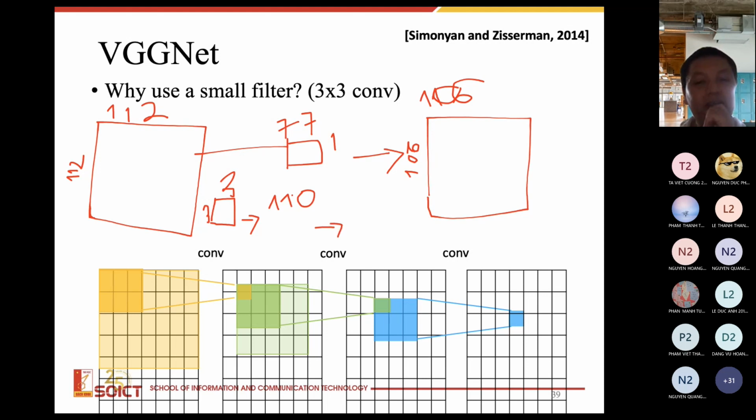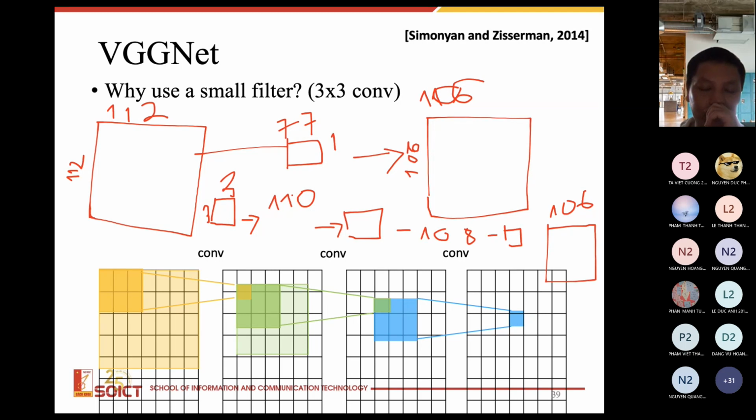And then the second 3 by 3, it is 108. And then another convolution layer, the size of the output is 106. Okay, so you see that if you apply the 7 by 7 convolution layer or the three 3 by 3 convolution layers, you get the same output size, right? Is that correct?